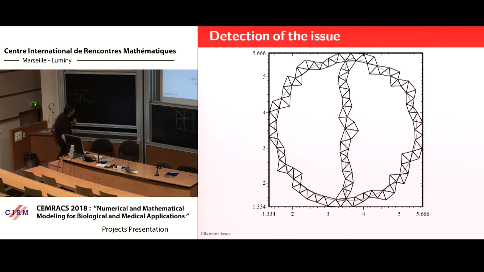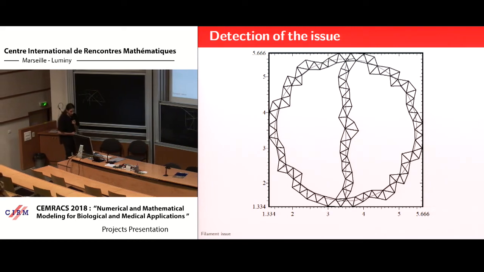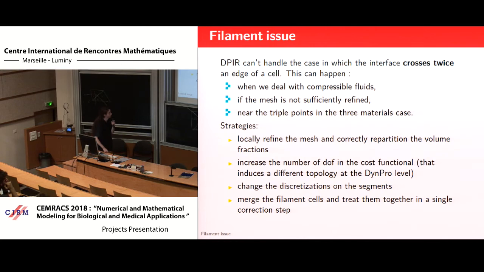Actually, we have a single edge that is crossed twice by the same interface. And if we are able to detect this problem and to adapt the dynamic programming, we should be able to treat this case. So that's what we try to do.